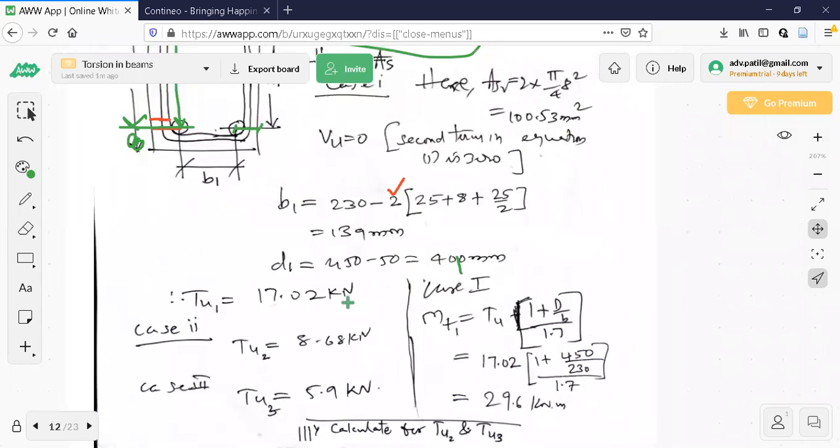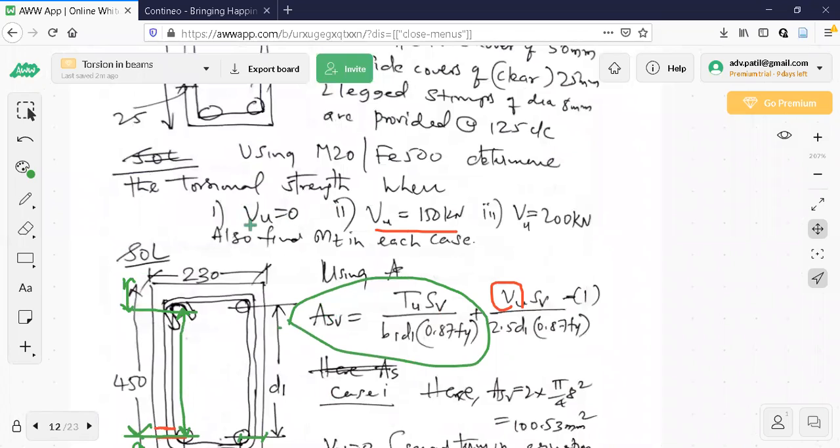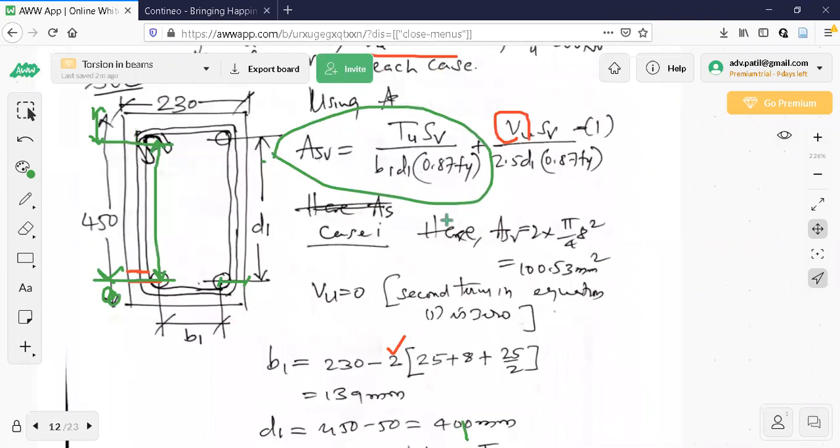I have calculated in the analysis problem TU1. Why I am calling it TU1 is for case 1, when VU was 0. It is an impractical case. VU cannot be 0. As long as there is even a single load, VU will come into the picture. Case 1 is impractical actually, but just to make you understand the formula, they have done it like that.